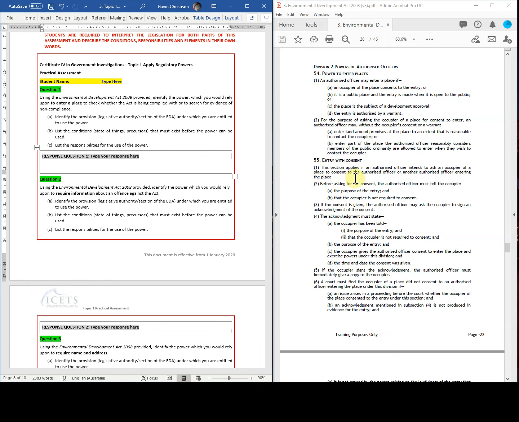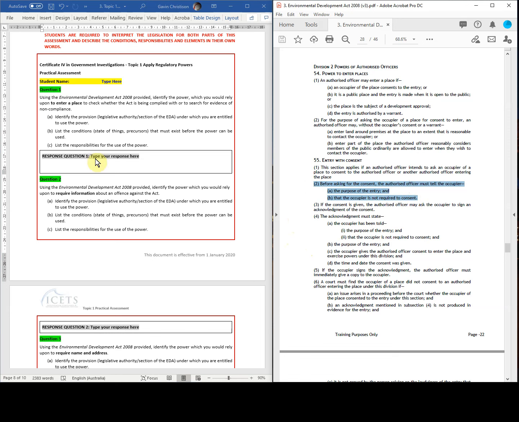Subsection 1 applies if the authorised officer intends to ask an occupier of the place for consent to enter the place. Subsection 2, before asking for the consent, the authorised officer must tell the occupier the purpose of the entry and that the occupier is not required to consent. This constitutes a responsibility that we have in order to gain entry under section 54(1)(a).